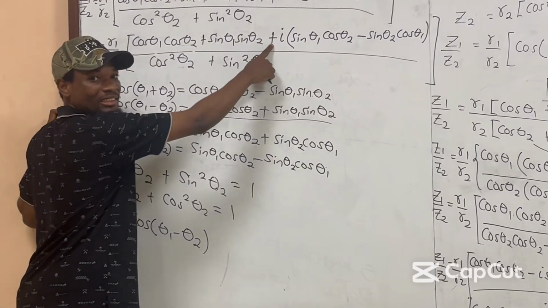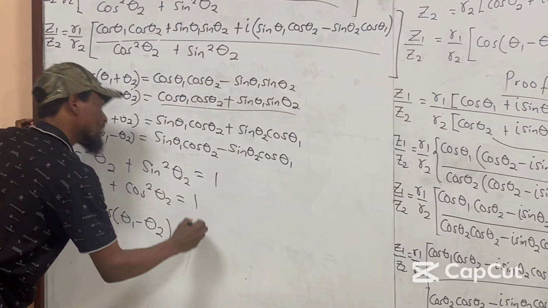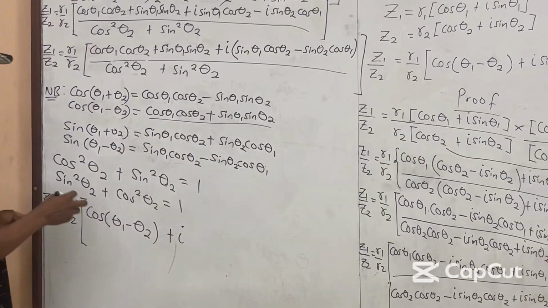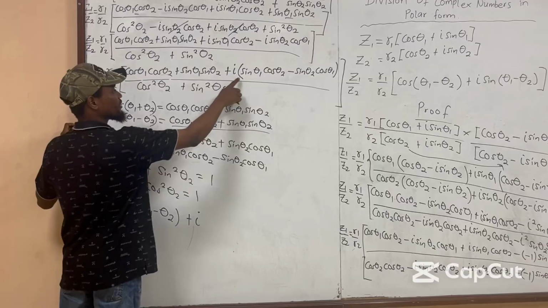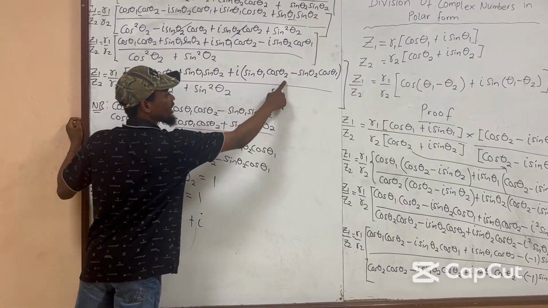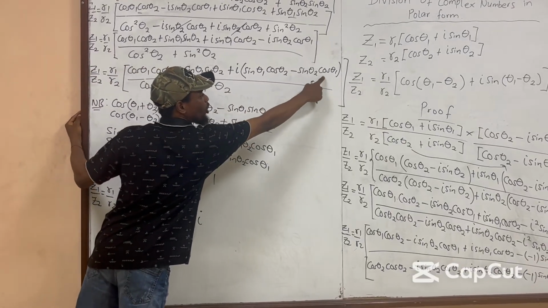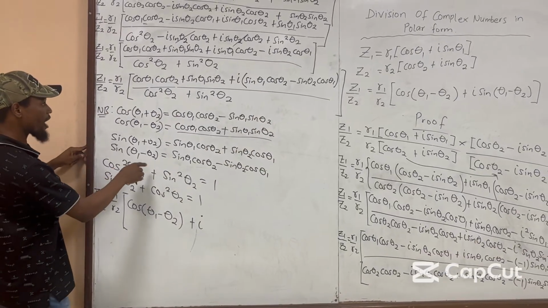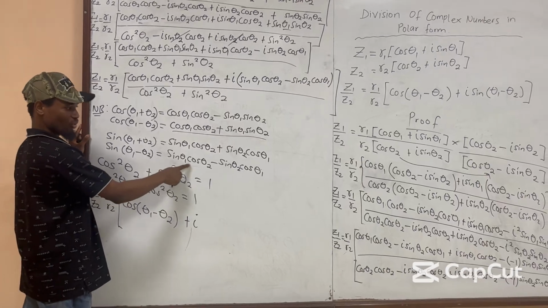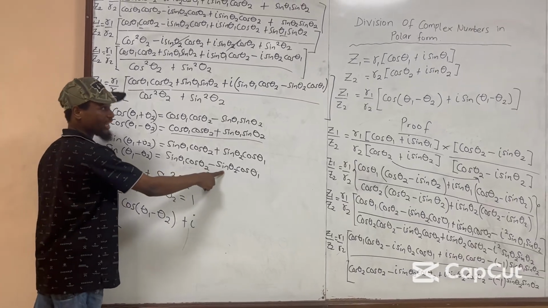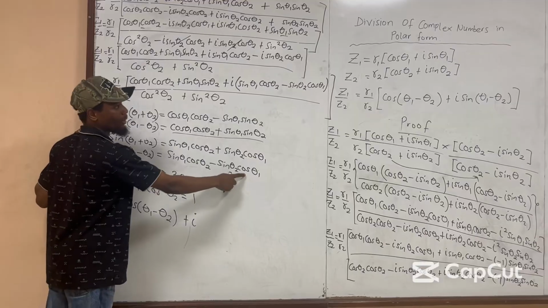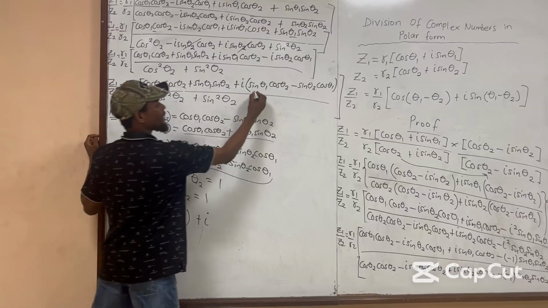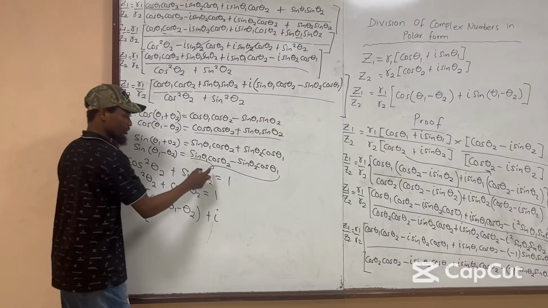Then you have plus i, and for this side, sin theta 1 cos theta 2 minus sin theta 2 cos theta 1. This whole expression is the same as sin of theta 1 minus theta 2.